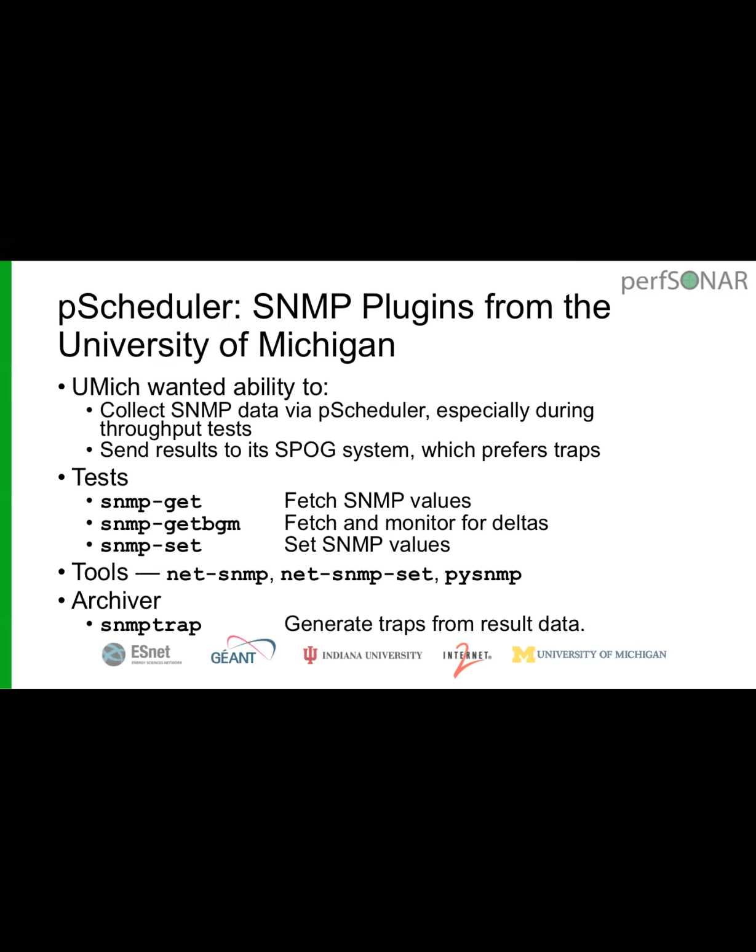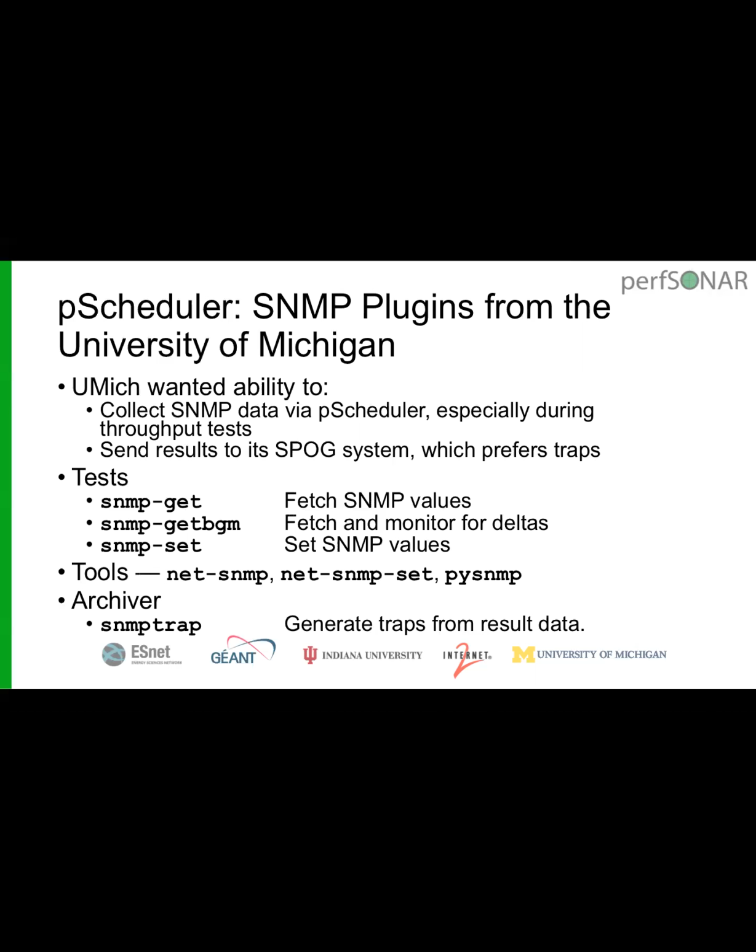So they've developed a set of plugins for collecting SNMP data using industry standard SNMP tools. They also have a single pane of glass system, and their preferred format for input for that is SNMP traps. So in addition to writing tools for collecting SNMP data, they've also written an archiver that can take a result and convert it into a trap and then be sent to whatever destination you want.